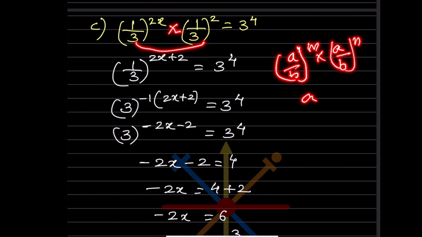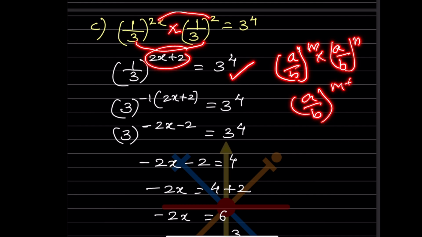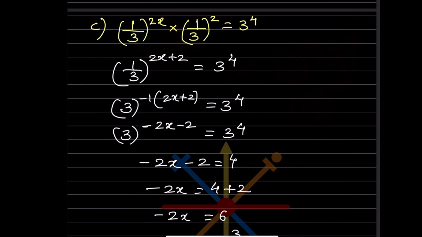Here it is in fraction, so you can use the same formula: a by b raised to n plus n. So you are going to add the exponents. This let us keep as it is. Now since this is 1 by 3 and this is 3, and we want the value of x, we can flip it over.